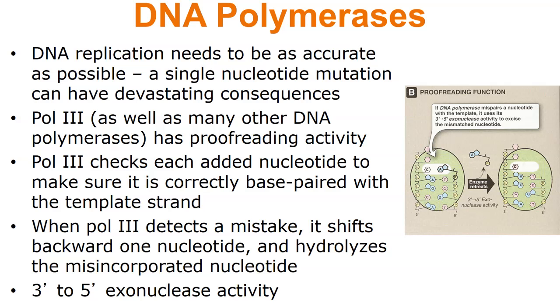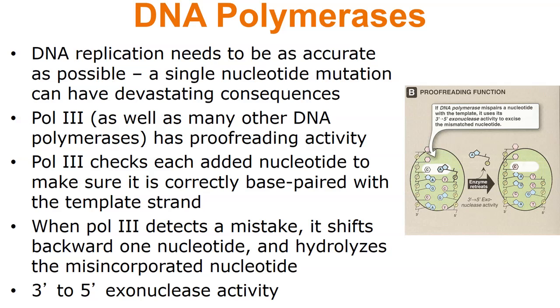So polymerase III has proofreading activity. What that means is it checks every nucleotide it adds as it's going along. Every time it adds a nucleotide and moves on to copy the next one, it checks the one it just added. If it incorrectly base paired, and it can tell if it's incorrectly base paired, it will actually move backwards and cleave the nucleotide it just added, and then once again move forward with its polymerase activity.